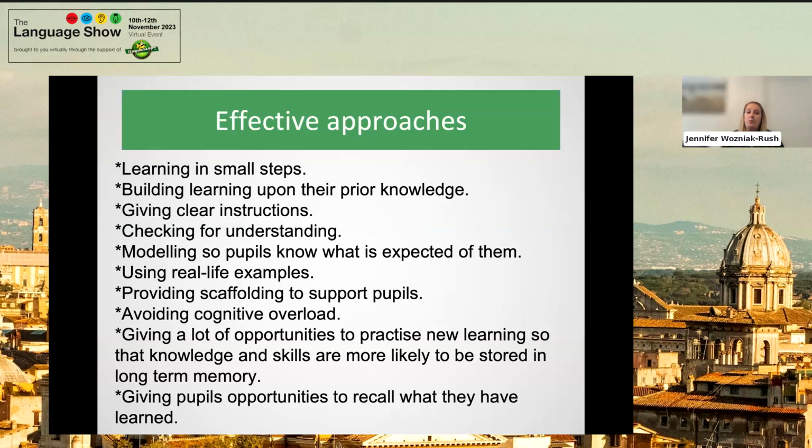Also giving pupils opportunities to recall what they have learned, which is really important. But as I said, all those strategies are characteristic of high quality teaching in general, and they will enable all pupils, including those with SEND, to make progress.